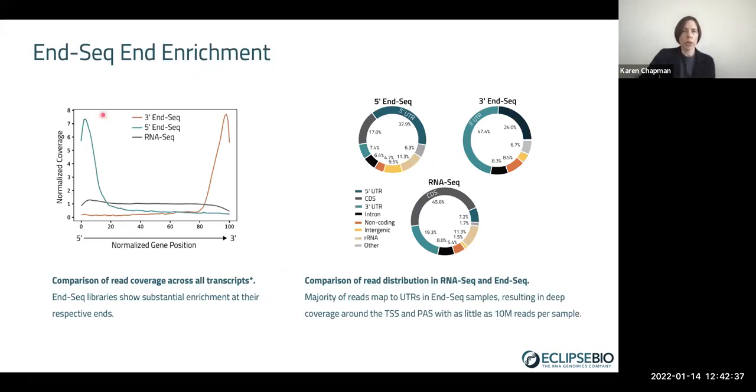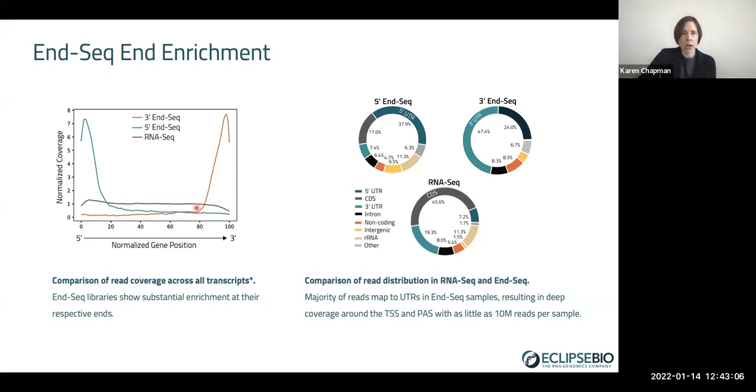So shown here on the left is a metagene plot, which many of you, I'm sure, are probably familiar with. If you look transcriptome-wide, this is a condensed view of genes, with a 5' end and 3' end shown here. Typical RNA-Seq is going to be spread out all over the gene very evenly.